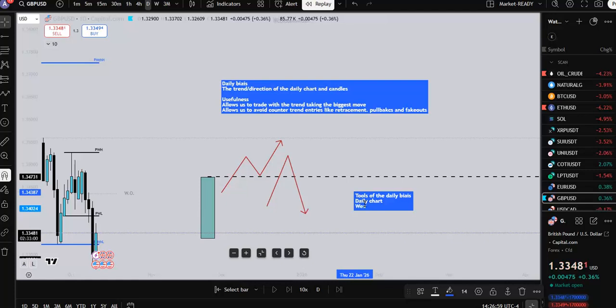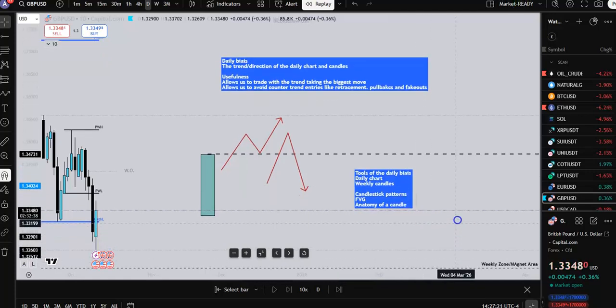We have the weekly candle. We're going to use also candlestick patterns. We're going to use MAs, and we're going to use anatomy of the candle. We're going to start with this one, anatomy of the candle.